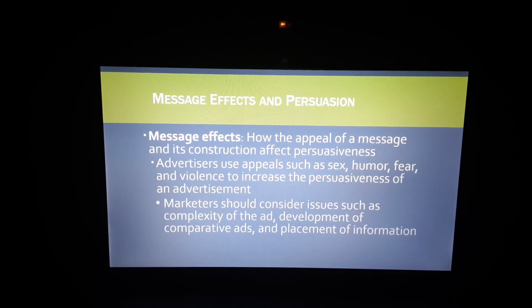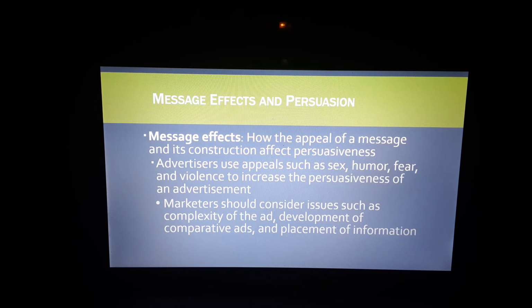So message effects and persuasion. This idea that you want to make sure that the message that you're sending is somehow persuasive and something that will appeal to the target market, and will get to whatever personality traits or attitudes they might have.